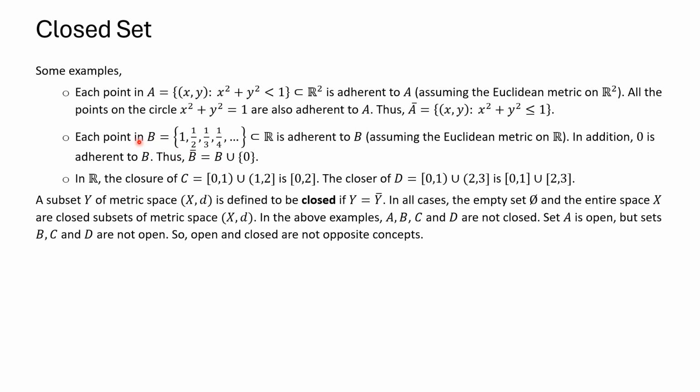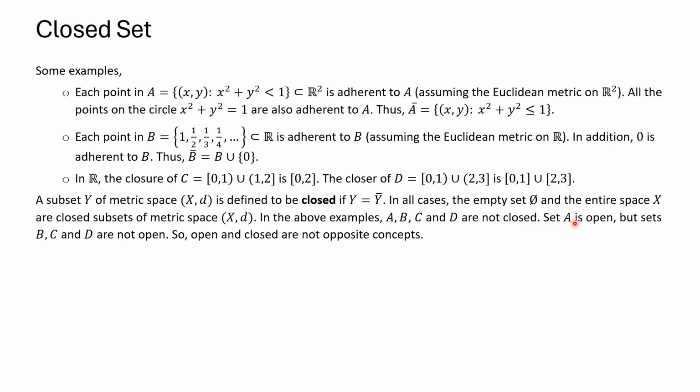And again, B is not closed because it doesn't contain all the points that are adherent to it, but the closure of B is a closed set. And then for C and D, we have the same situation. C is not closed, but 0 to 2 is closed, and D is not closed, but then this union here is a closed set.